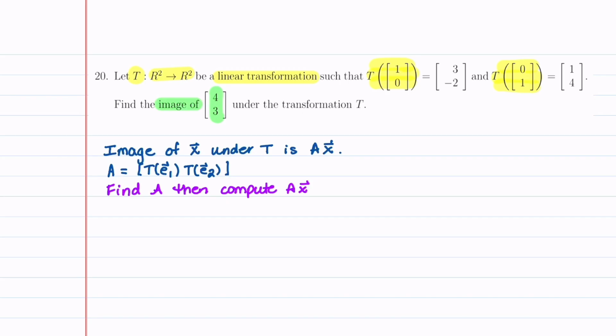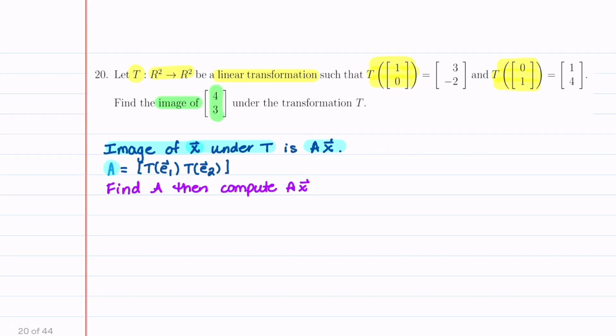The image of any vector x under T is just A times x. Let's now remember what A is. A is our standard matrix, and A is defined as T of e1 and T of e2.